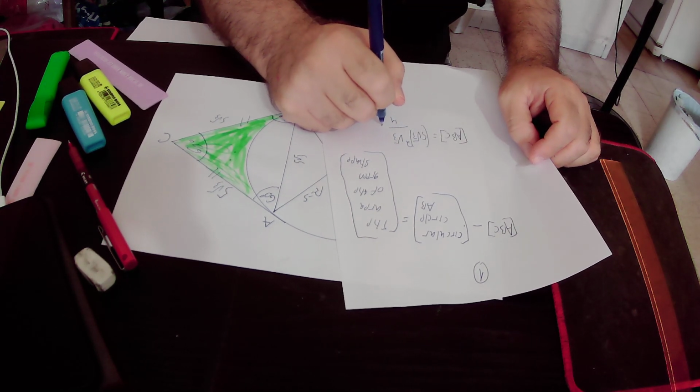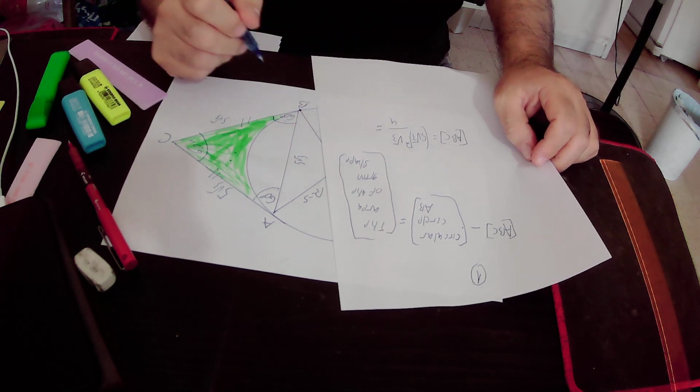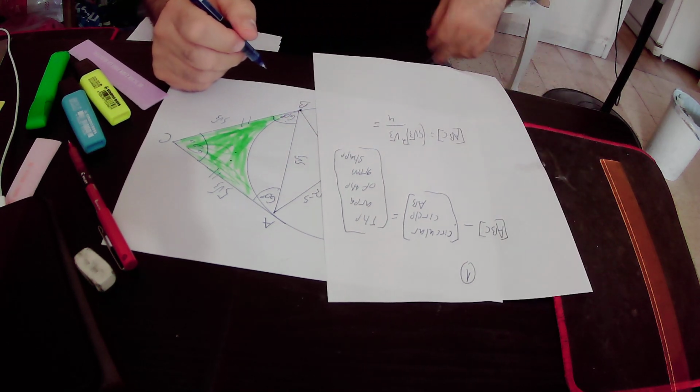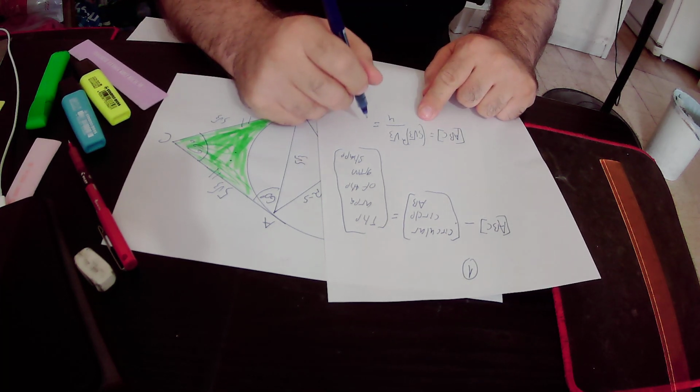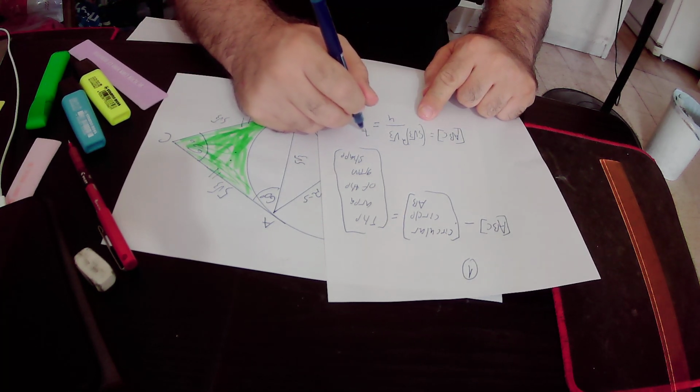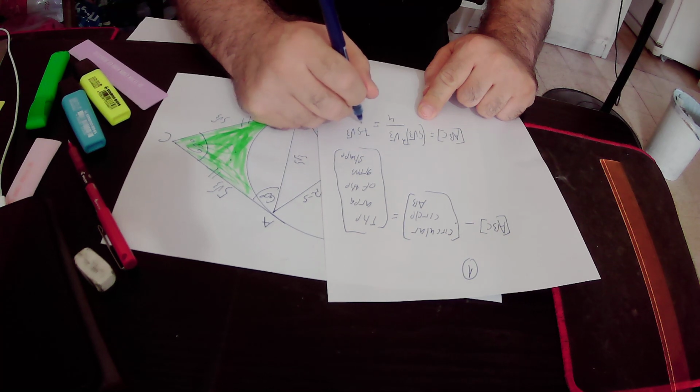That is to say, the area of triangle ABC will be equal to 25 times 3 is 75 times root 3 over 4.